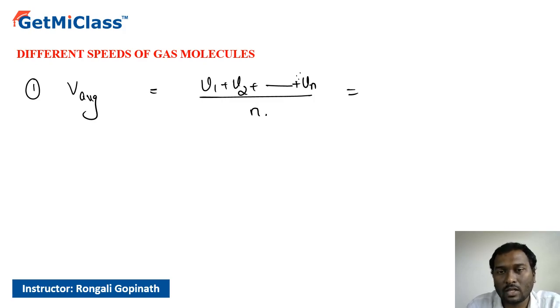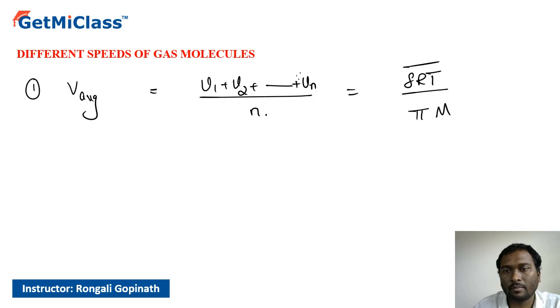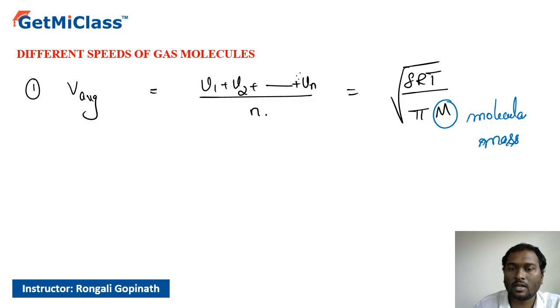It is given by a formula. You don't have to learn the derivations as such because they are out of the syllabus for any of the competitive exams, but you have to remember these formulas, right? What is the formula? It is the square root of 8RT by pi m. Remember, T represents the absolute temperature, m represents the molecular mass of the gas, and R is the gas constant, right?